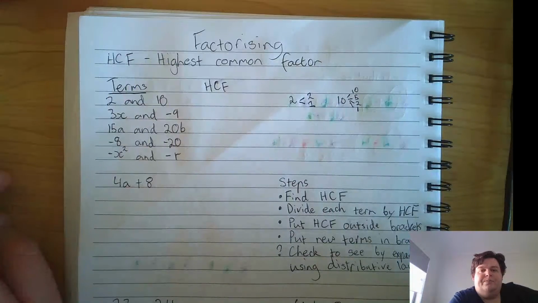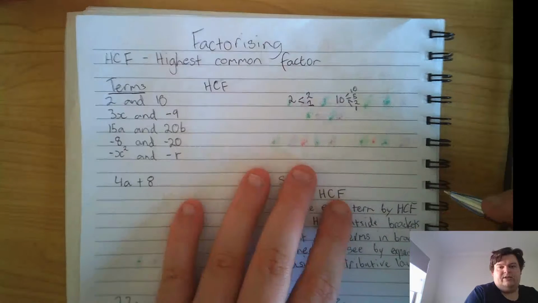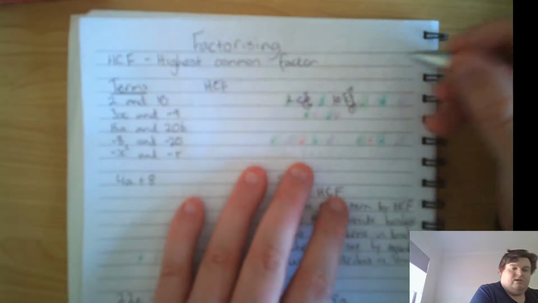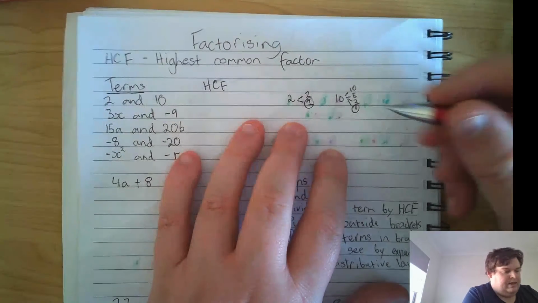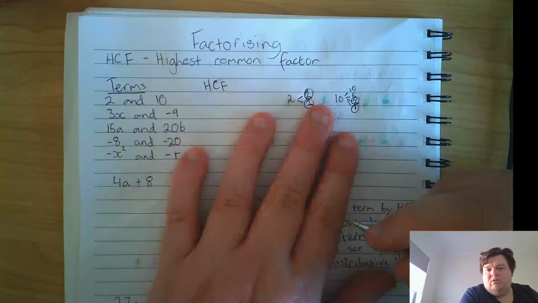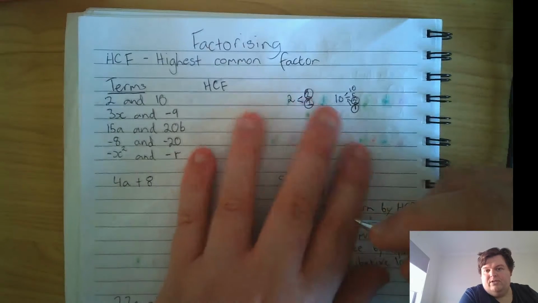Which of these are common factors? They both have the 1 in common, as all numbers do, and they both have the 2 in common, meaning the highest common factor is the factor with the highest value, which in this case is 2.